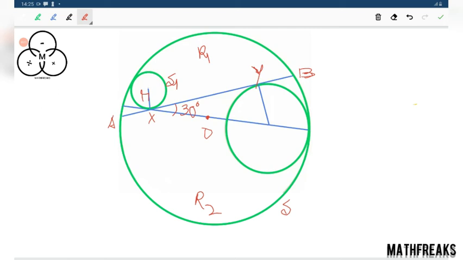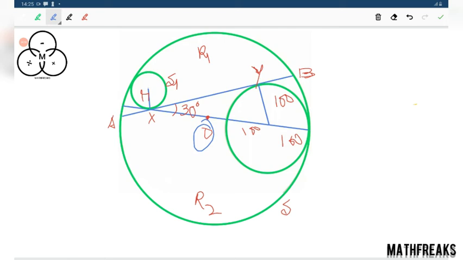If the radius of S2 is 100, this is also 100, this is also 100. If the radius of S2 is 100, then what is the radius of S1? There is a small mistake in the diagram, that I marked this point as O. This is not O because S2 passes through the center of the S1. This is given.